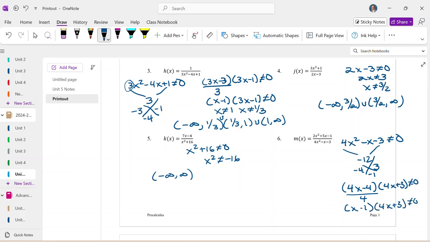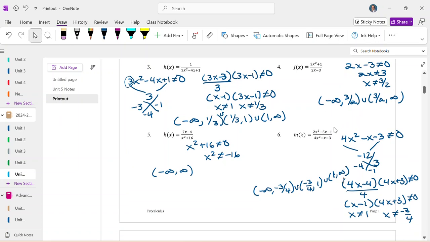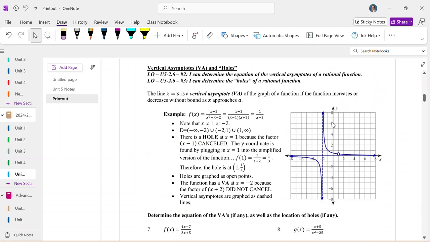Those cannot equal 0. So x cannot equal 1 and x cannot equal negative 3/4. So when you do the domain, it's from negative infinity to negative 3/4, union negative 3/4 to 1, union 1 to infinity. That's the domain.